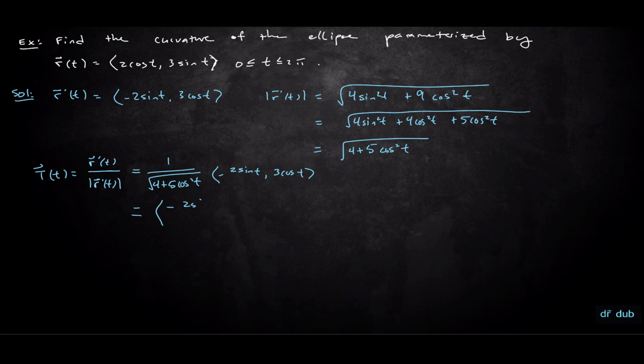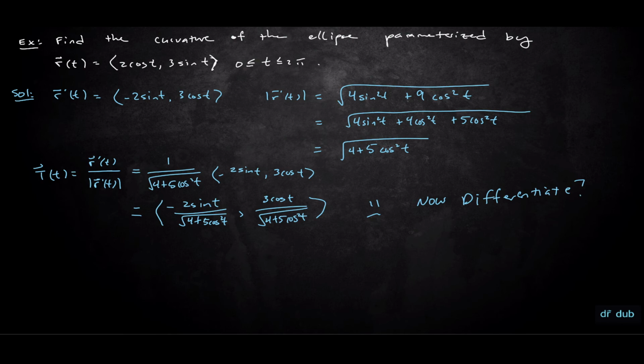So negative 2 sine t over the square root of 4 plus 5 cosine squared t comma 3 cosine t over the square root of 4 plus 5 cosine squared t. Frowny face, this is not looking good. So now differentiate. Really? Then take the magnitude? I'm going to go with that's a big nah fam from me.